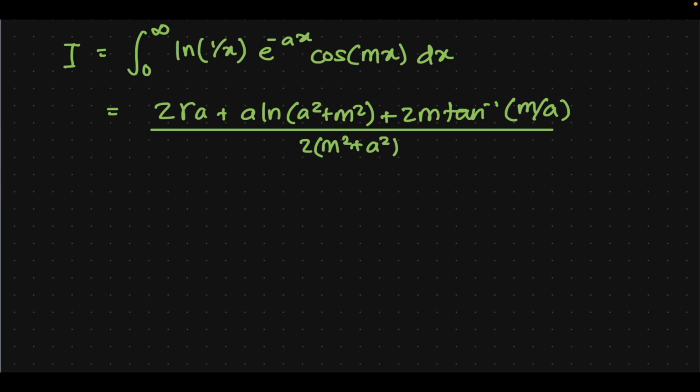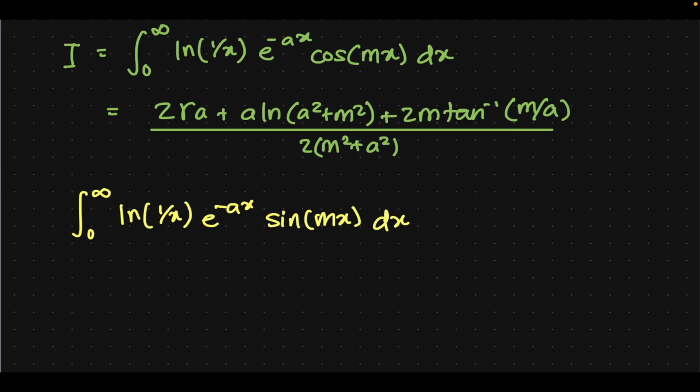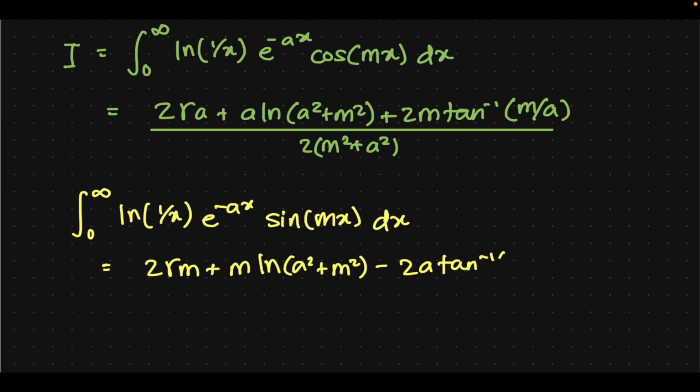I'm also going to do some extra ones, like this one: the integral from 0 to infinity of natural log of 1 over x, e to the minus ax, sine of mx dx. That's 2 Euler-Mascheroni times m, plus m natural log of a squared plus m squared, minus 2a times the inverse tangent of m by a, all over 2 times (m squared plus a squared).